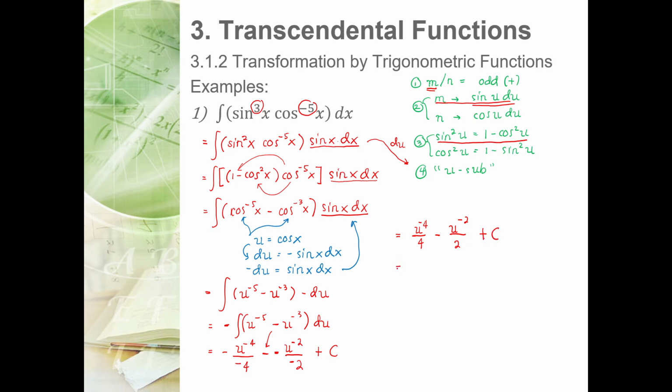So replace your u parameter again. So we have cosine to the negative 4 x all over 4 minus cosine to the negative 2x all over 2 plus c.